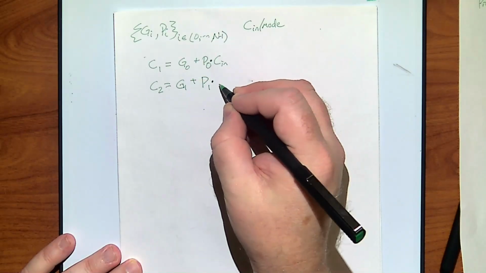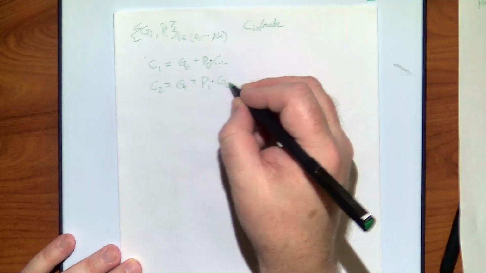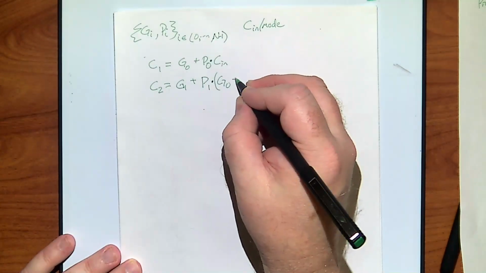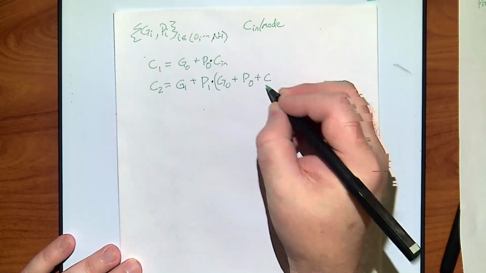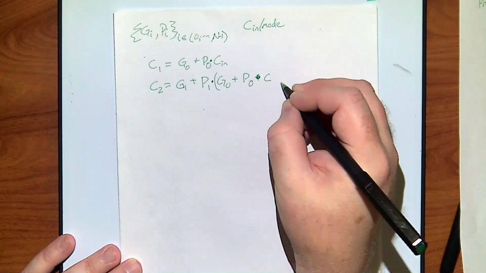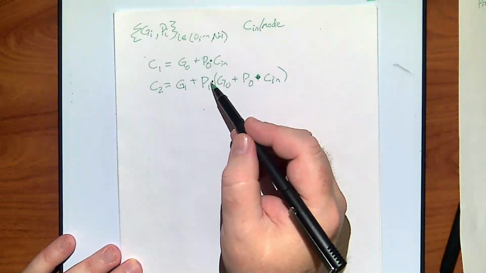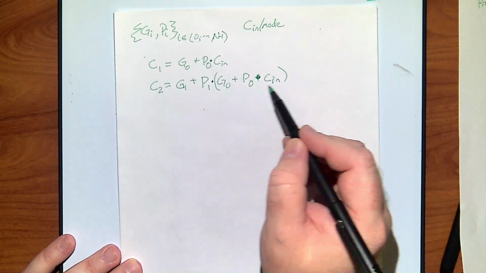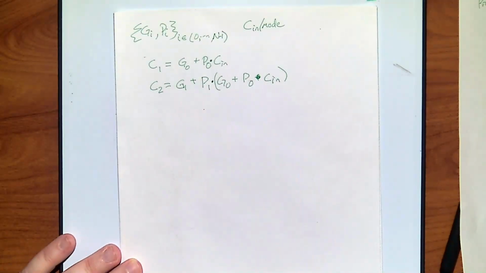But C1 is G0 or P0 and Cn. All right, so all I did, I just advanced to the next G1, P1, C1, and I just replace C1 with its definition. Good.